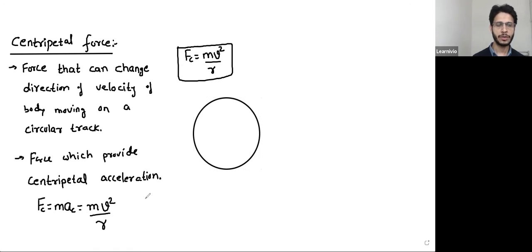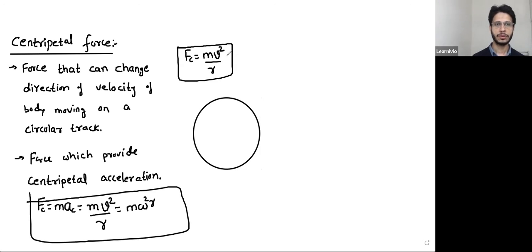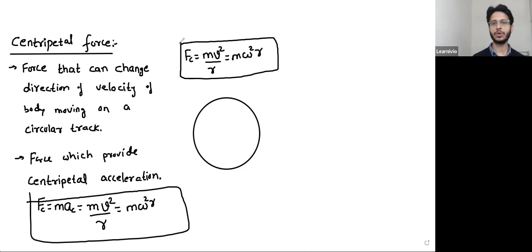If you want, you can even write this in terms of angular velocity: m omega square r. So this is the magnitude of centripetal force, mv squared by r, or m omega square r.